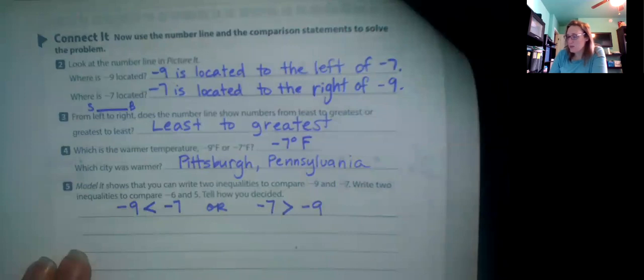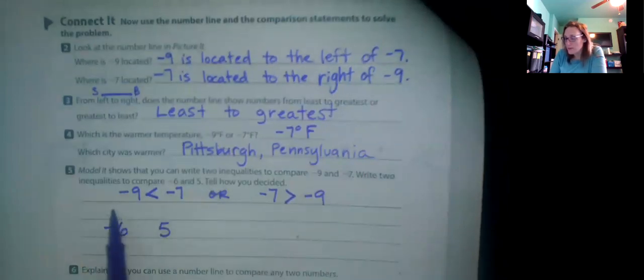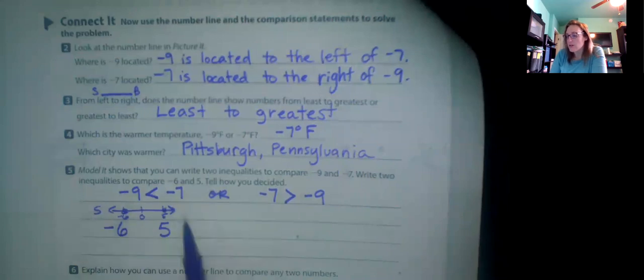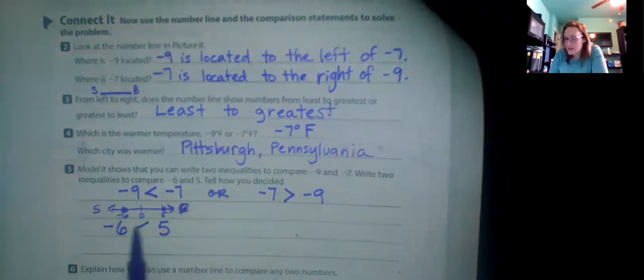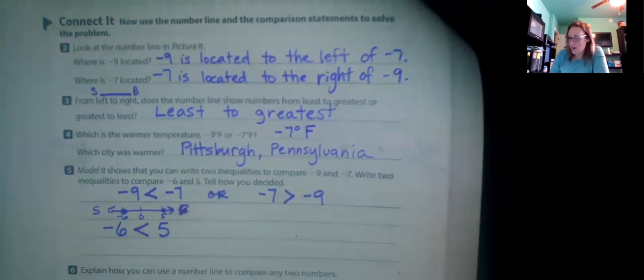Okay, so now we want to compare -6 to 5. Okay, so if we think of a number line, here's 0 in the middle, here's +5, here's -6, right? So -6 is on the small side, 5 is on the greater side or on the bigger side. Okay, so that means negative 6 is less than 5.